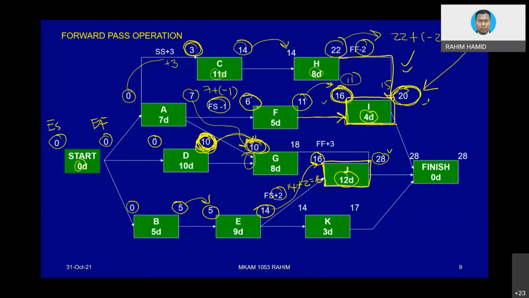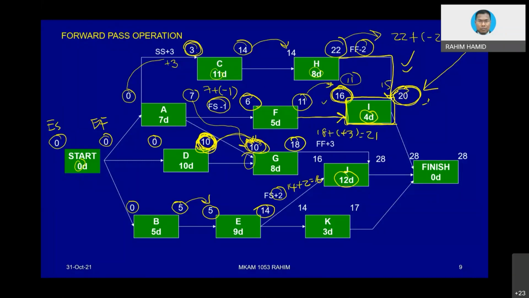And then, what if we are considering the relationship from G? Let's see how G will influence the value that goes into J. The value that we need to consider is only this value, because this figure is coming from the back of the activity there. 18 plus 3, which is basically 21.